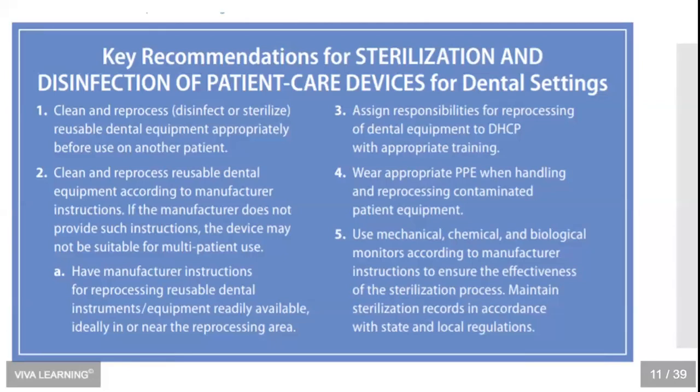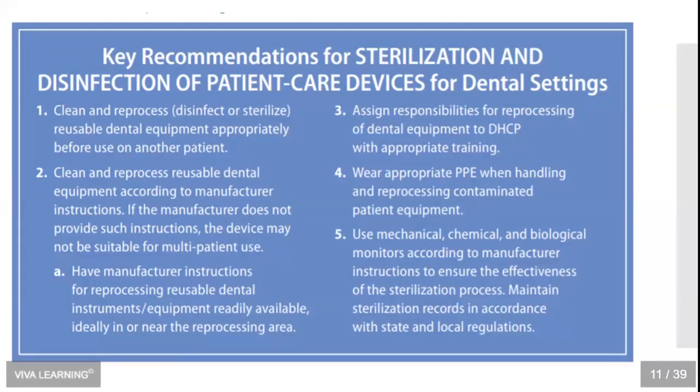And number 5, use mechanical, chemical, and biological monitors according to the manufacturer's instructions to ensure the effectiveness of the sterilization process. Maintain sterilization records in accordance with state and local regulations. So these are the bare minimum requirements, and you can see from our first slide, there were 2 areas where we can validate our instrument processing pathway.